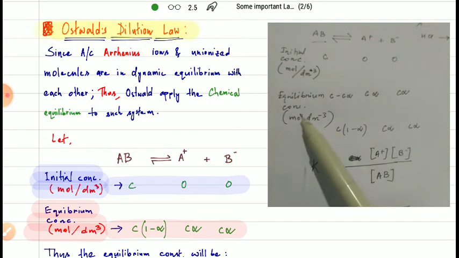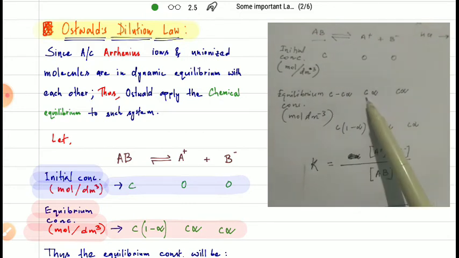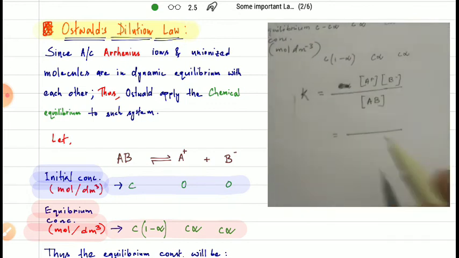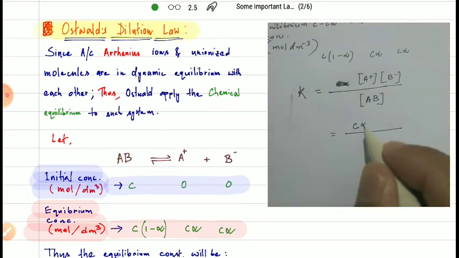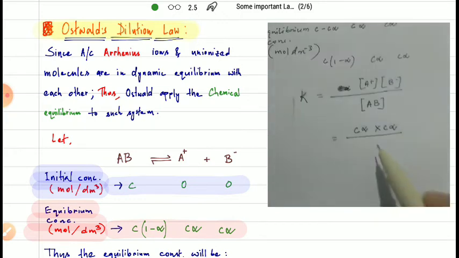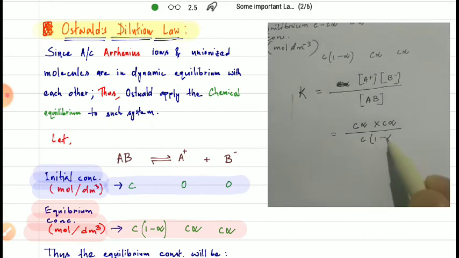From this discussion we know that at equilibrium the concentration will be C alpha for A positive and C alpha for B negative. So we can write C alpha into C alpha, and in the denominator C into 1 minus alpha.